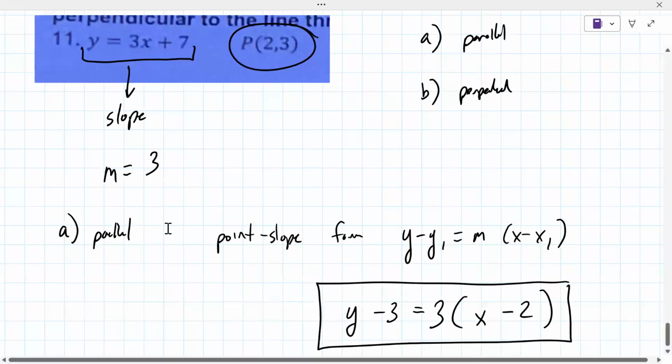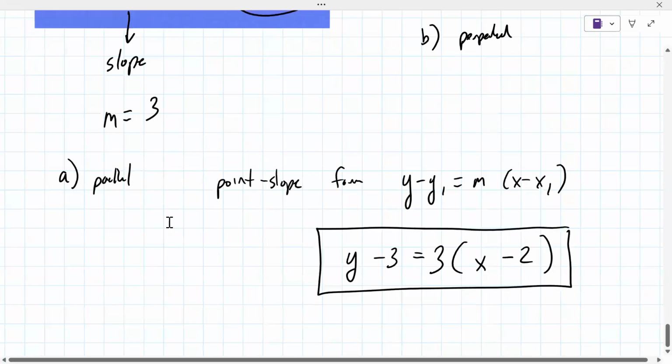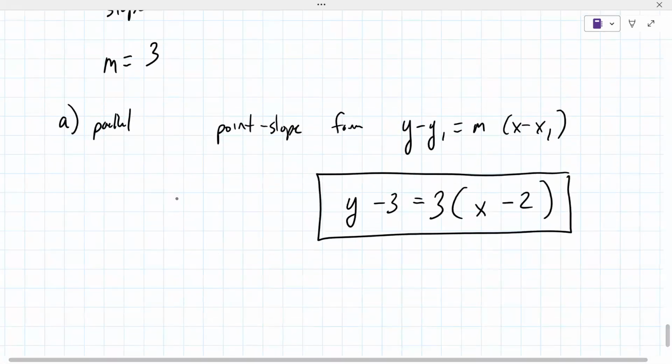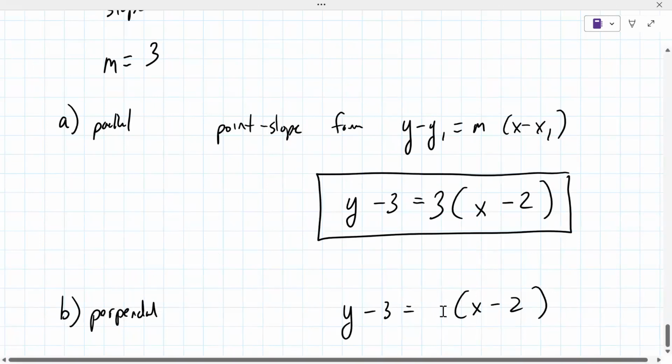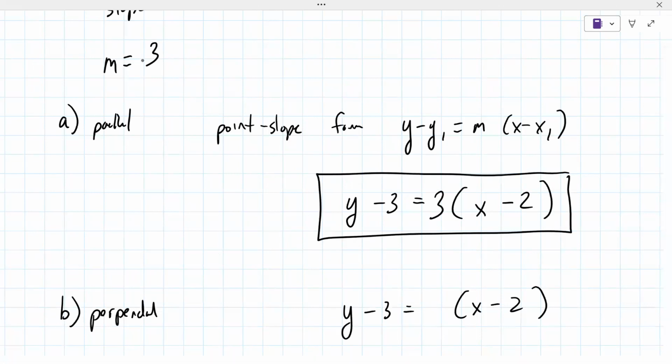Okay. Any questions, thoughts on that? No. Okay. So part B is the perpendicular. The answer is going to be exactly the same except for the slope. So we have to convert the slope here, 3, which is really 3 over 1, to the perpendicular slope.